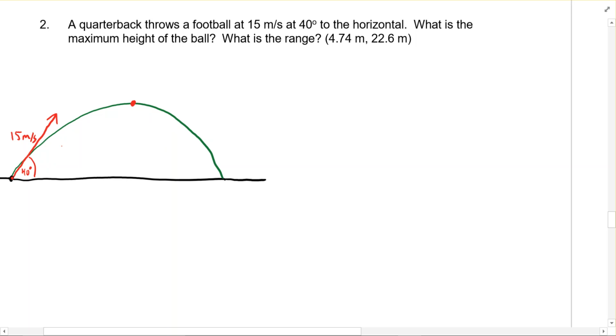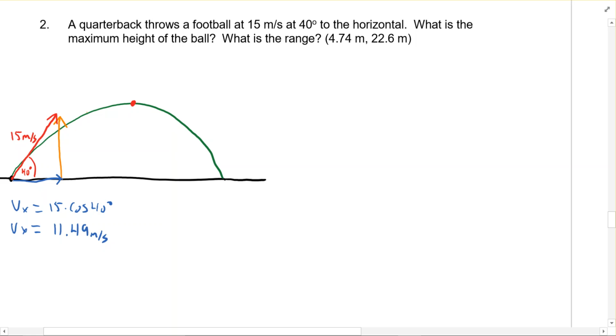So in these ones, what we need to do is split this up into its x and y components. So vx is just going to be 15 times cosine of 40 degrees. So vx is 11.49 meters per second.